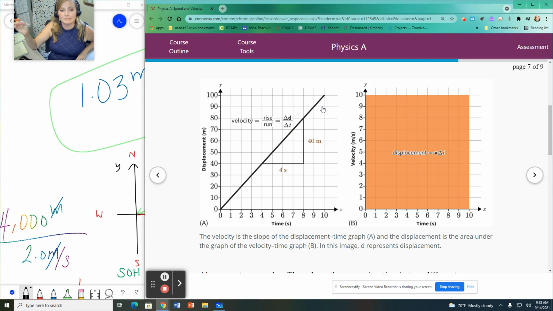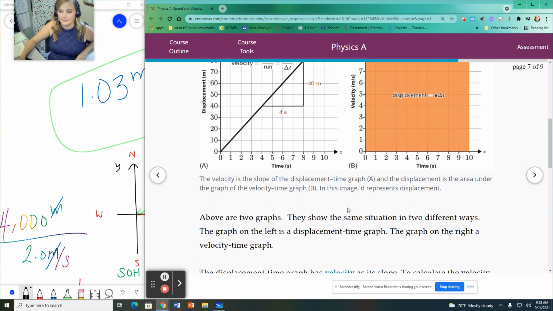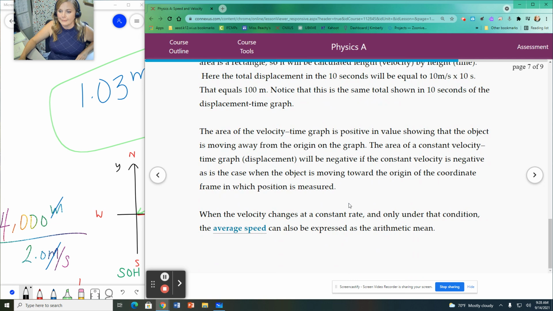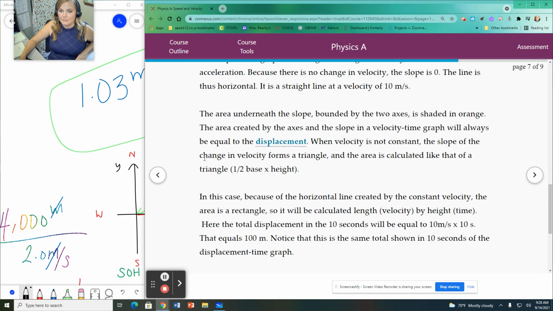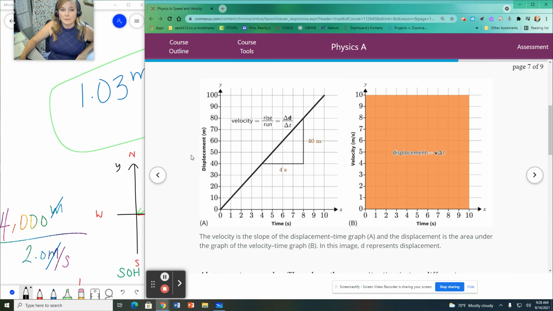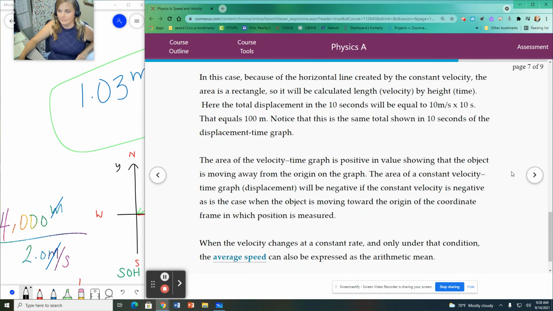So on a displacement versus time graph, a linear, constant slope indicates constant speed. In this type of graph, we can calculate average speed, but we can only do it when it's a linear slope, with no curve to it, right?